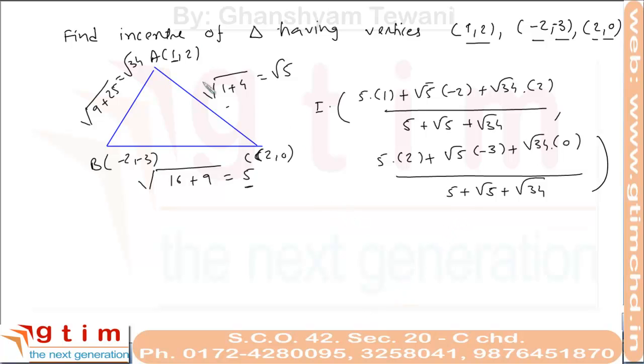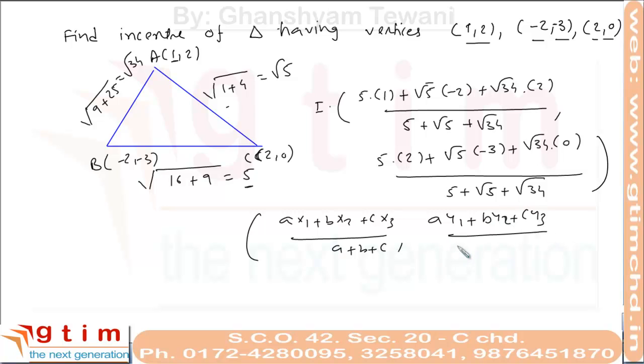So to get the incenter, we have to get all the side lengths, and then we can straight away use the formula (ax1 plus bx2 plus cx3) upon (a plus b plus c). Similarly, the y coordinate is (ay1 plus by2 plus cy3) upon (a plus b plus c). Since to get the incenter we have to get side lengths, we can see that the incenter has irrational coordinates.